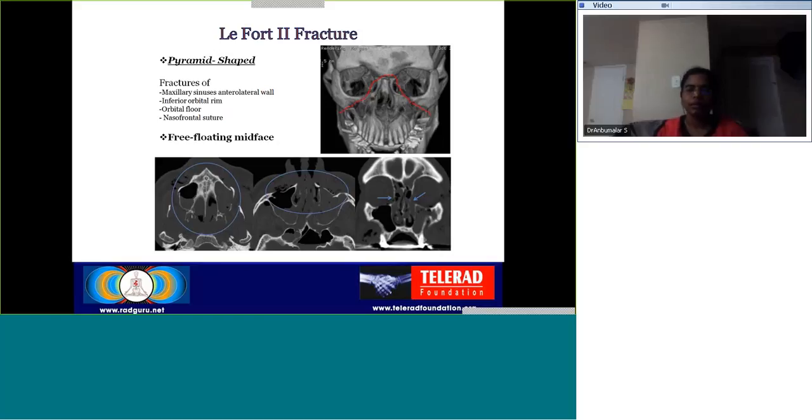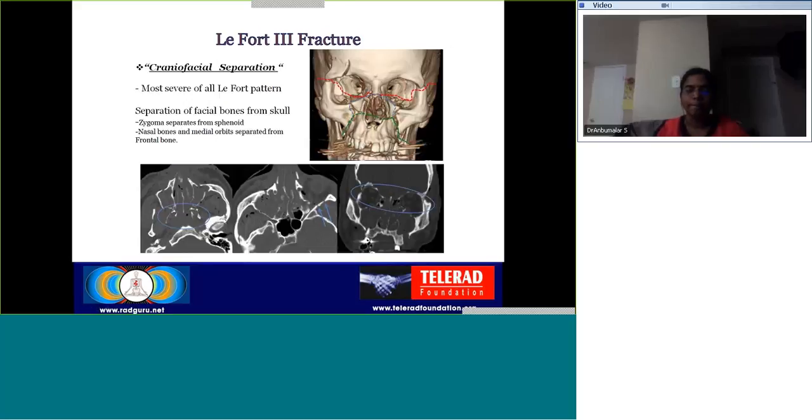And in this type, there is a free floating of the midface. See, the anterior wall of the maxillary sinus is fractured along with the medial orbital floor of the orbit. So this is a Lefort type 2, since it is associated with the pterygoid plate fracture.